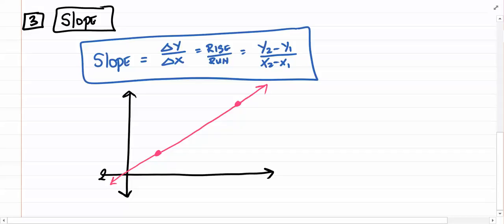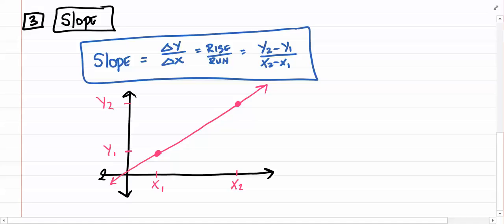Okay, good. Now we're going to call this point, since this is my x-axis, my first x point. Is that fair enough? And then underneath my second point on my x-axis, this is my second x point. So far, so good? Now on the y-axis, this is my first y point, and this one up here is my second y point.